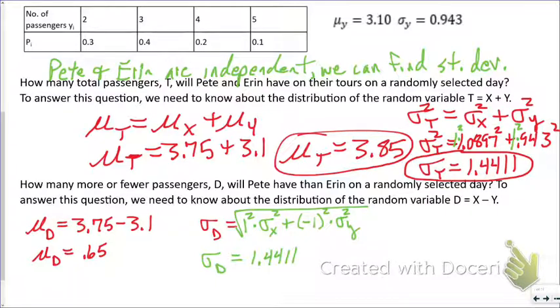But yet if they're in different parts of the country, chances of one person going to Pete had no bearing on choosing Erin because they were probably going to Pete's location in the first place. So that was crucial that we were aware of that. If they had been living in the same town, we would have said they are dependent, cannot calculate, or we need more info to calculate standard deviation. Okay, anyways.